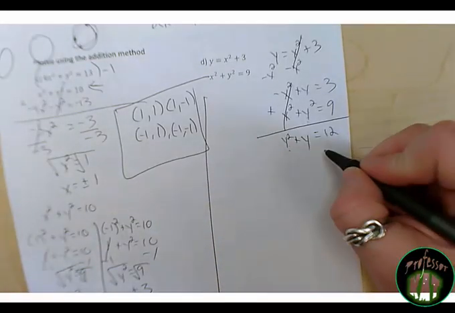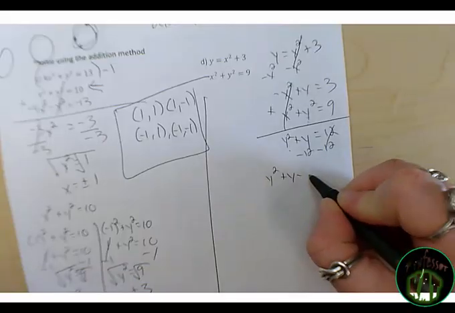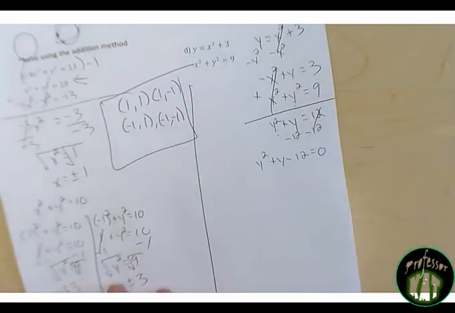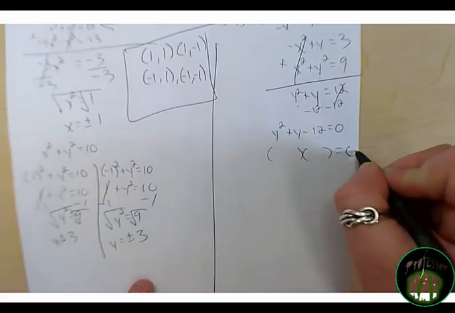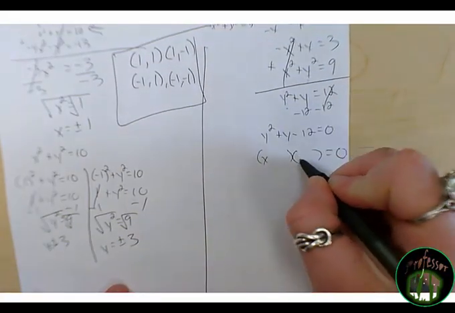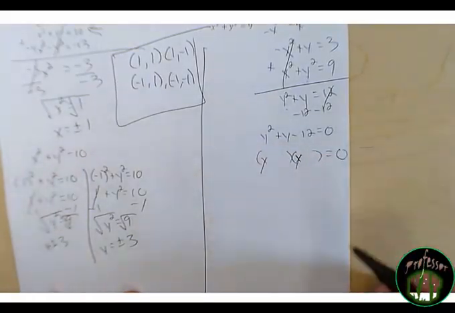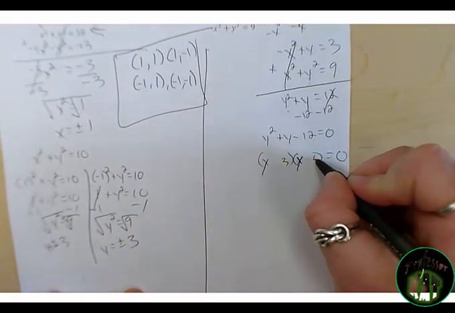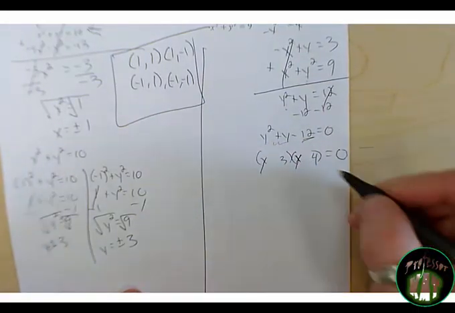Because of that y squared on the left, that means we have a quadratic equation. And if we have a quadratic equation, we move everything over to one side, set equal to 0 so that we can factor and solve. Y times y gives us y squared, and a 3 times a 4 gives us a 12, and subtracts to a 1.